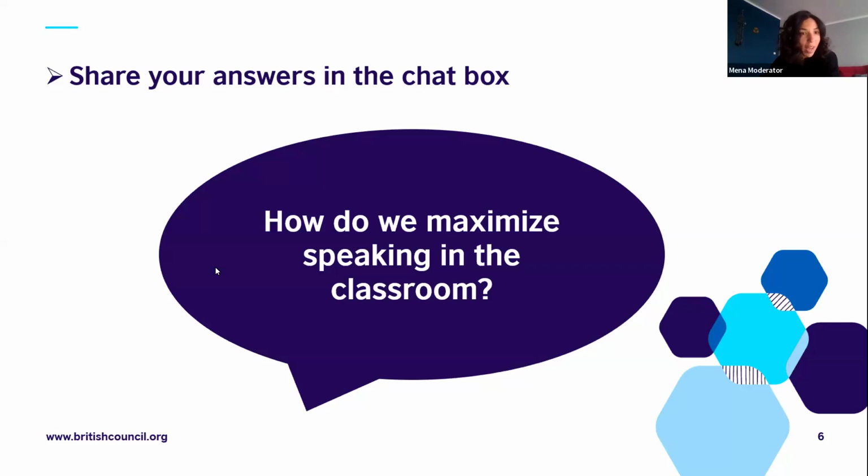Taking turns, class practice, praising, a lot of praise coming in, which is actually really important. And also starting with simple activities coming in a lot as well, which is also very important. Making it fun, absolutely. Pair work and group work is coming up a lot as well, so the interaction patterns. Positive feedback, so that goes with encouragement as well.